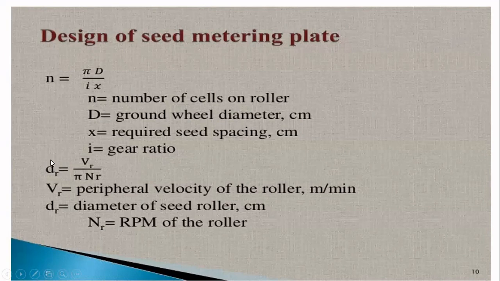Very simple. You will multiply in the bottom. Pi D N is equal to V_r. Velocity is equal to pi, diameter into number of revolution. So D_r is equal to V_r over pi into N_r. Here N_r is defined as rpm of the roll.